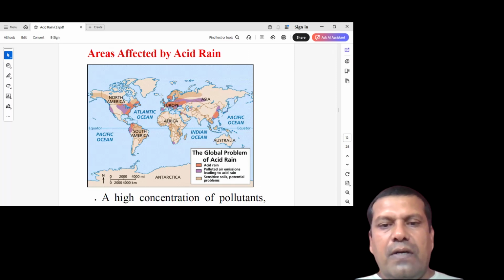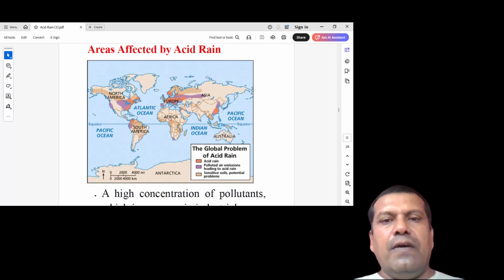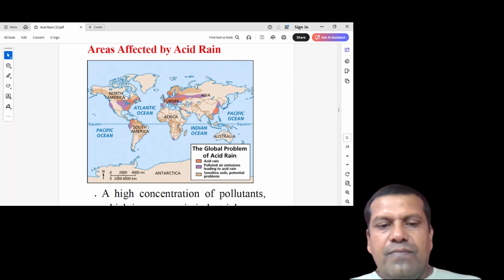The portions in darker orange are the areas which are mostly affected by acid rain. So this map depicts the areas affected by acid rain throughout the world.